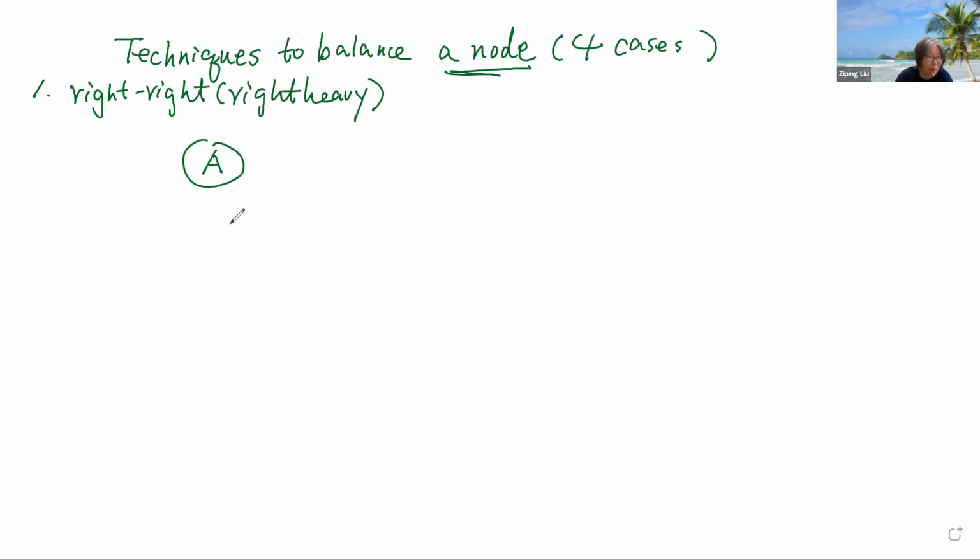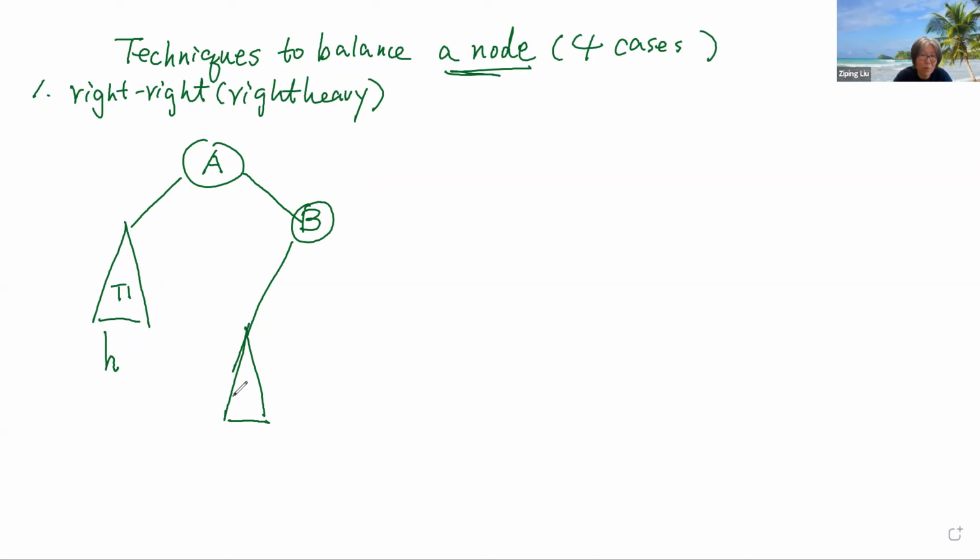Here we have a node A, and it has a subtree. This represents node A's subtree, and assuming its height is h. Then we have a node B here, which also has a subtree, and we call it T2.